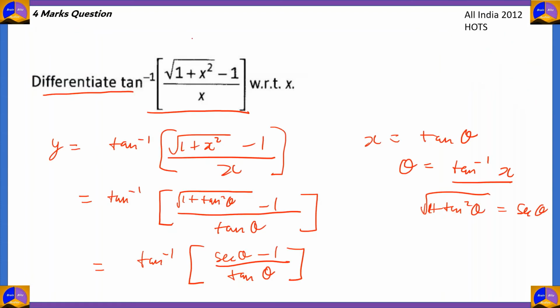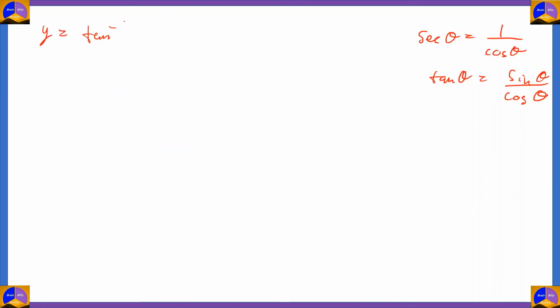Now to proceed further, you should know that sec theta is equal to 1 by cos theta, which we studied in grade 11, and tan theta is equal to sine theta by cos theta. Again, what we learned in earlier classes. So now y is equal to tan inverse of (1 by cos theta minus 1) all divided by (sine theta by cos theta).